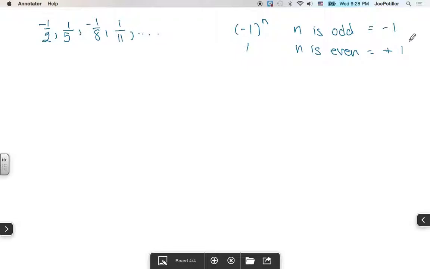The next thing to figure out is, of course, the nth term of the sequence. So now that you know how to go forwards with this process, let's go backwards.